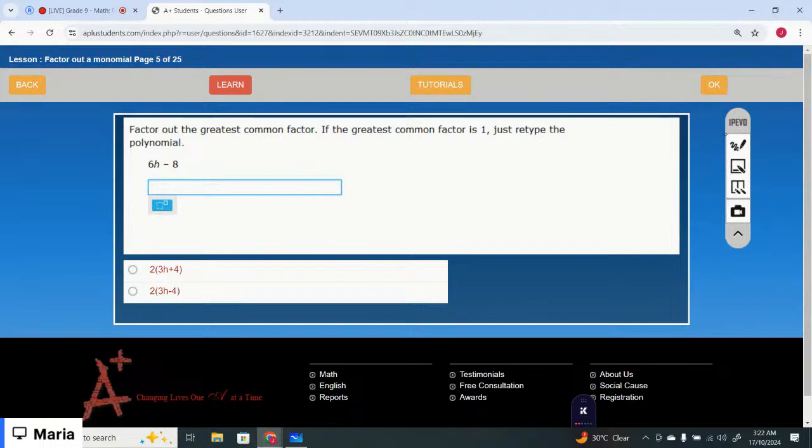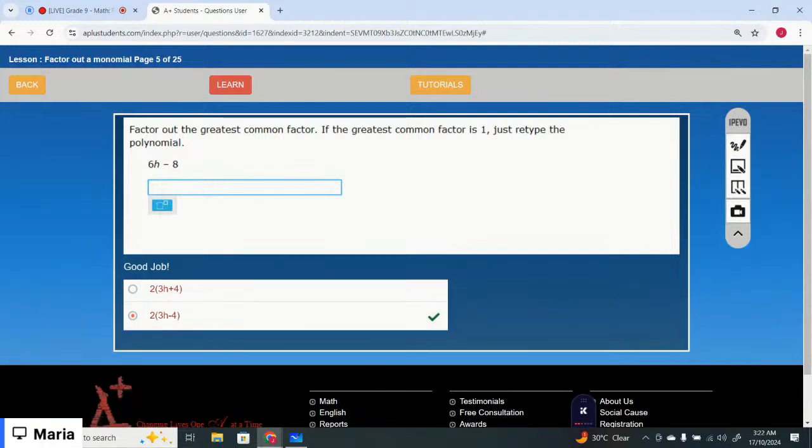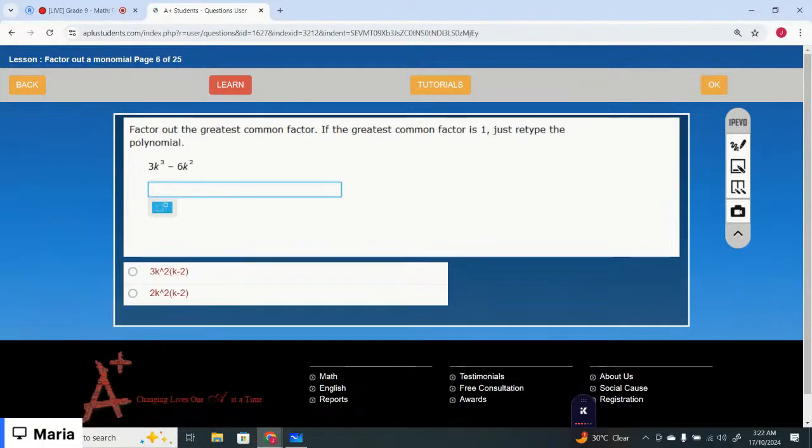Option number 2 is the correct option, right? You can take common 2, you are left with 3h minus 4. Option number 2 is the correct option. Okay, you can complete the lesson by yourself later today. Let me just move on to the next lesson.